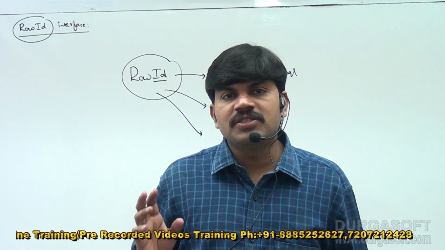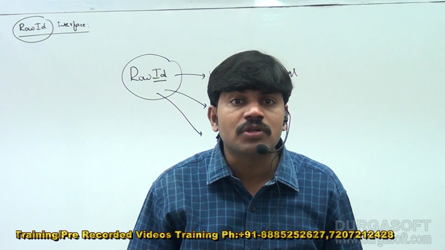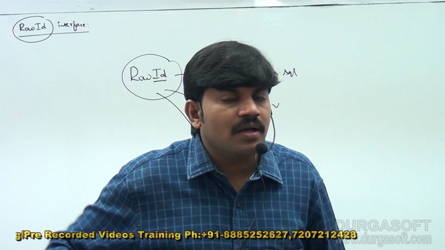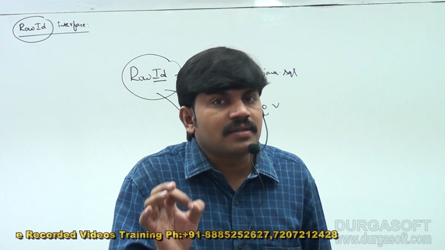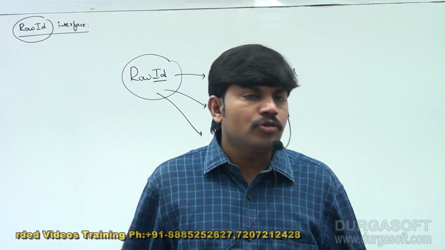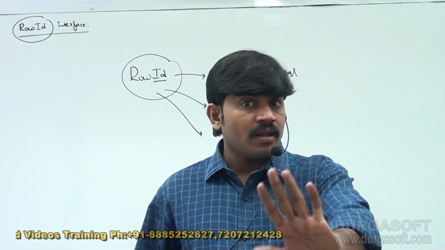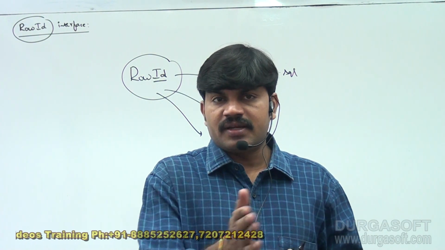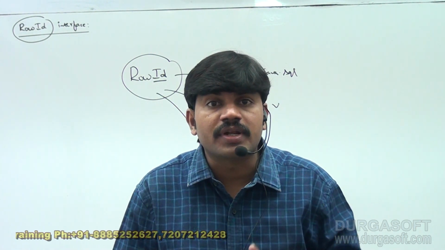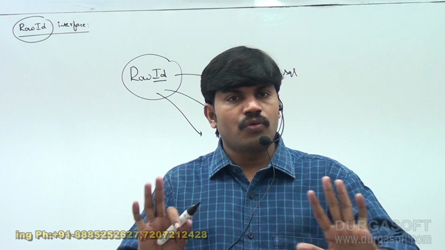Internally, the database engine is going to fetch the rows based on this logical address only. So the one who uses this row ID concept is internally the database engine. Who is responsible to provide this row ID? Not the programmer. Whenever we are inserting our rows, internally the database engine is going to generate that row ID.